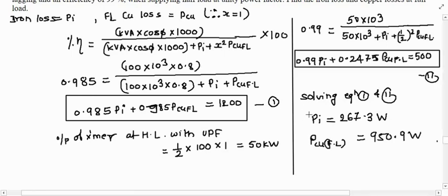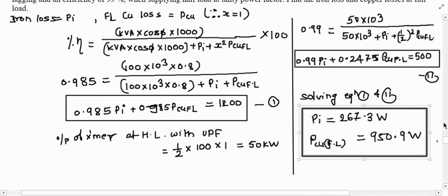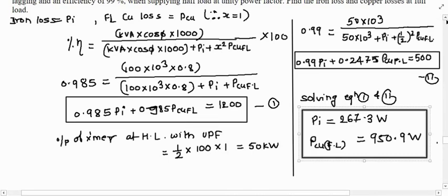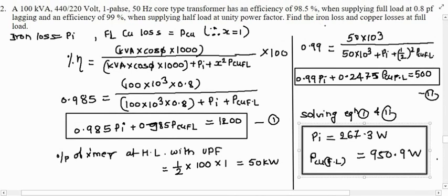So please verify this, solve these two equations. These are two linear equations. By solving these equations I am getting the copper loss and the iron loss. So iron loss we got, as well as copper loss at full load we got.